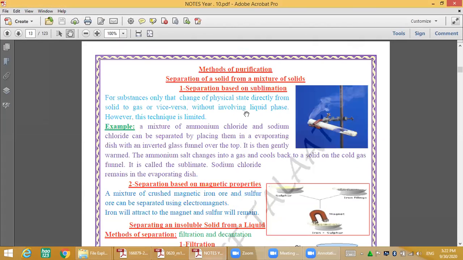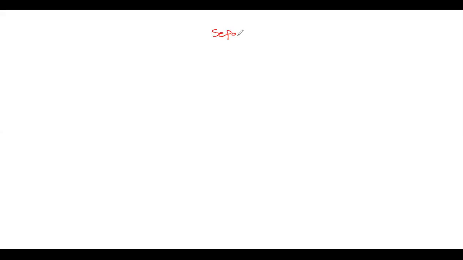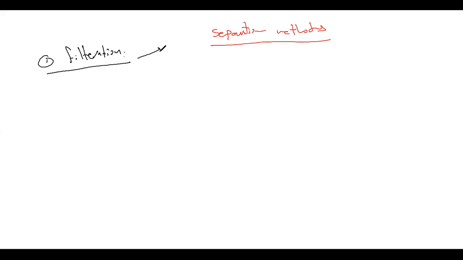For separation methods, number one is filtration. Filtration can be used if we have soluble and insoluble salts.